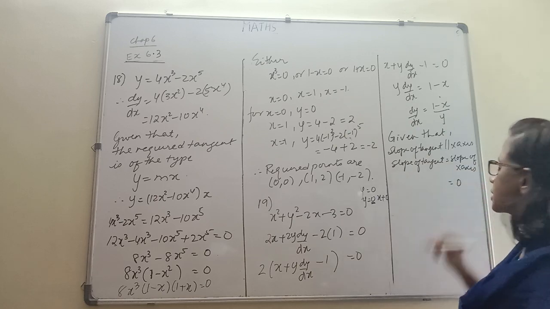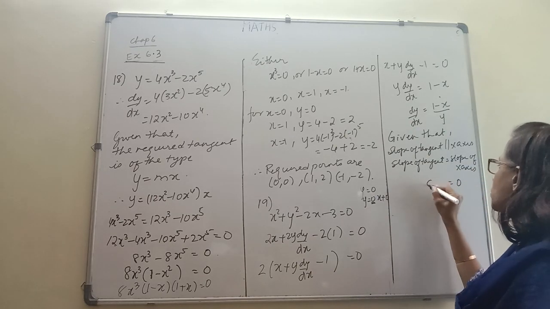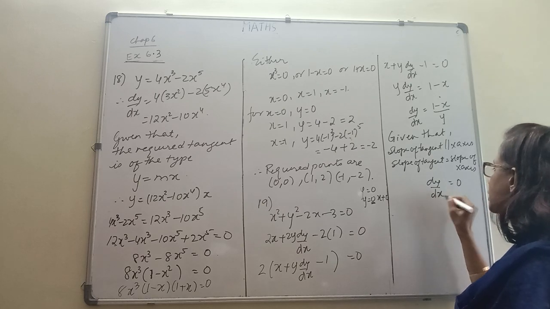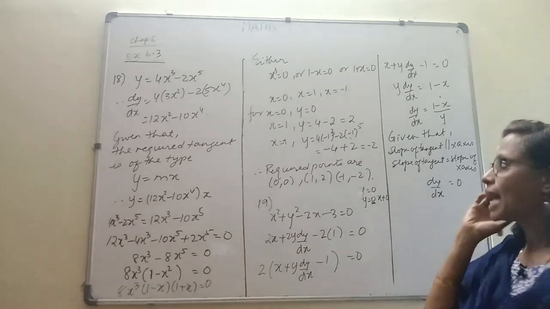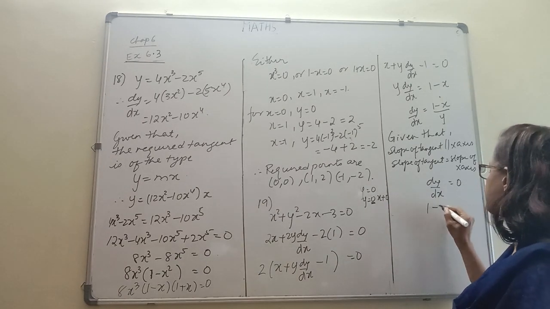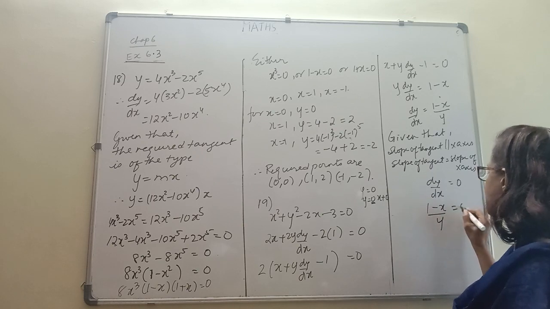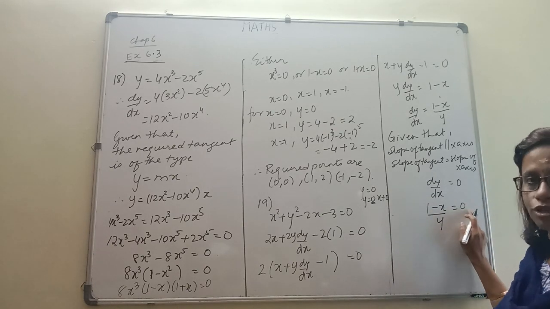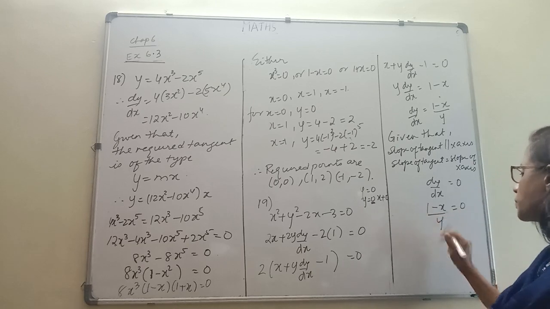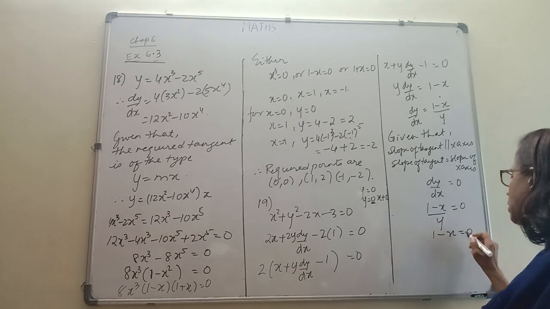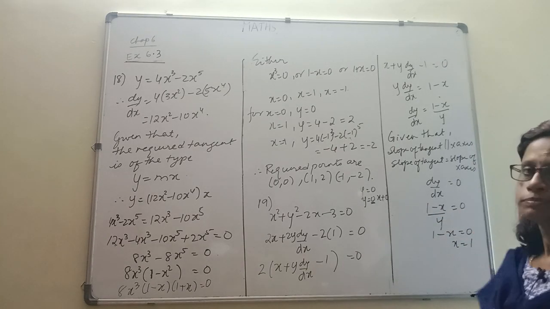I know that the slope of the x-axis is 0 and the slope of the tangent is dy by dx. So I'm putting it across: dy by dx, which is 1 minus x by y, equal to 0. I take y to the other side, so 0 into y becomes 0. Now 1 minus x equal to 0, making x equal to 1.